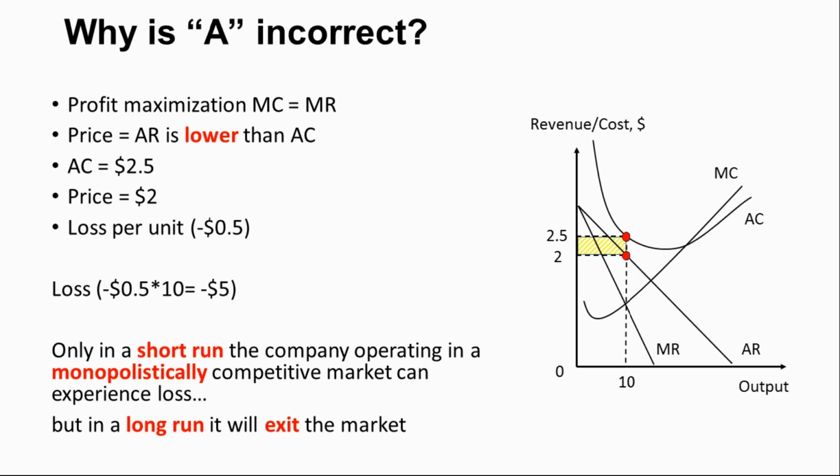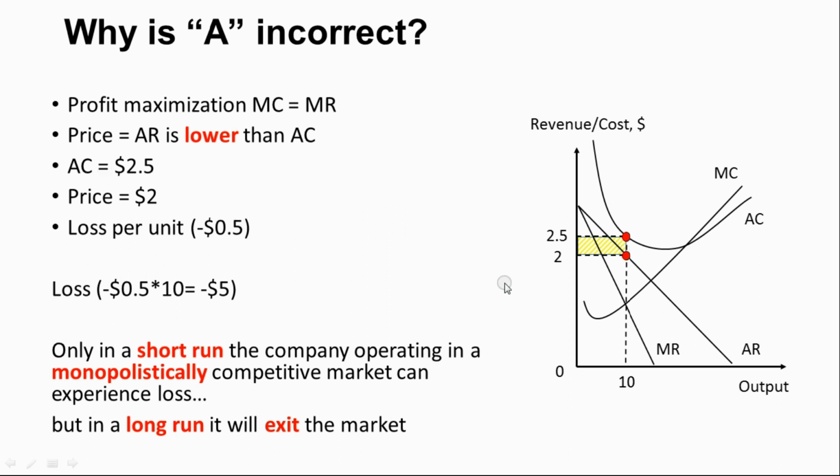Okay, next one. Why is A incorrect? Profit maximization again: marginal cost equals marginal revenue, same. Price, equal to average revenue, is lower than average cost. Your average cost is here at the top, but average revenue is at the bottom part.